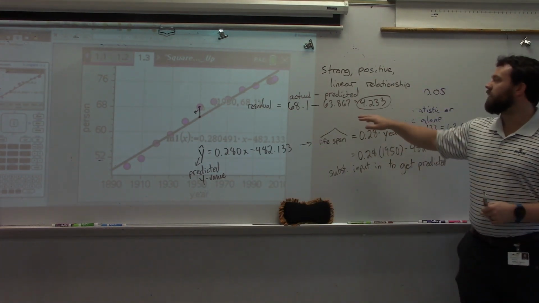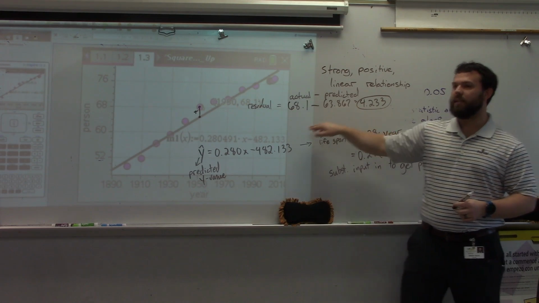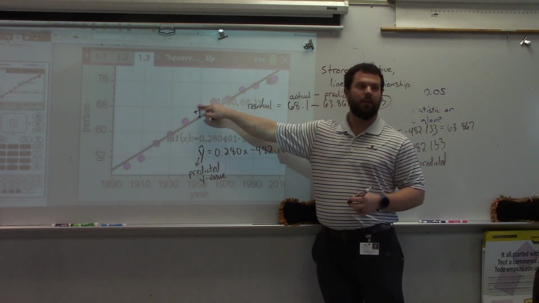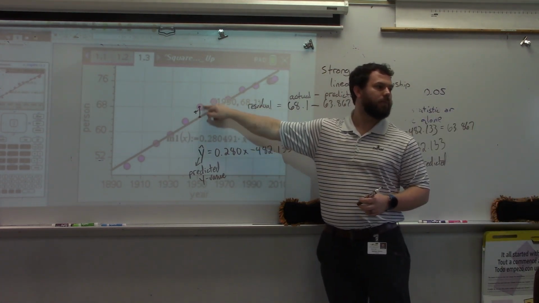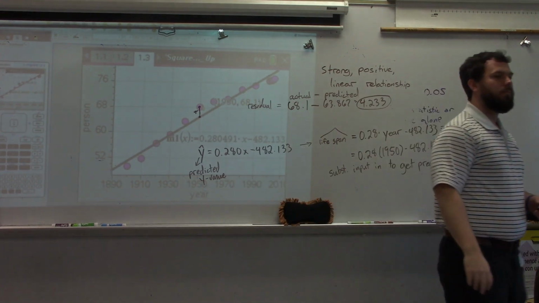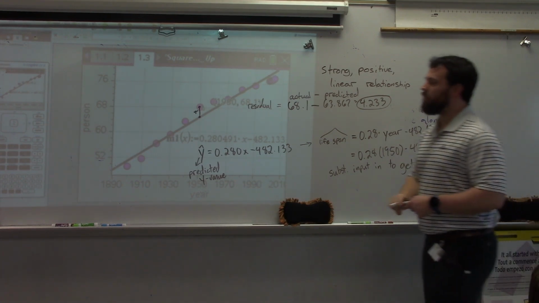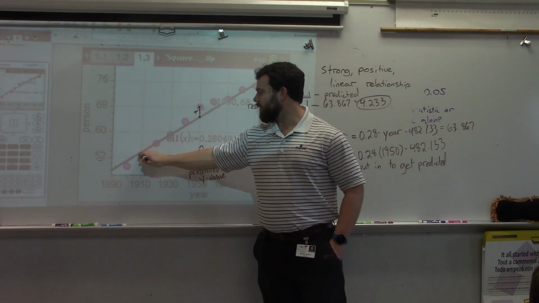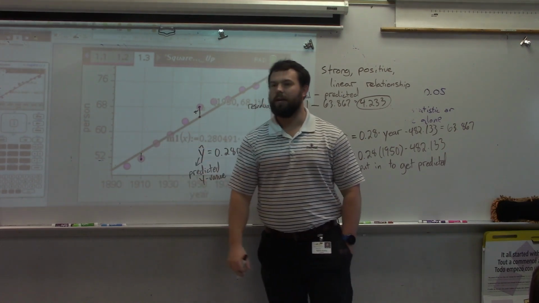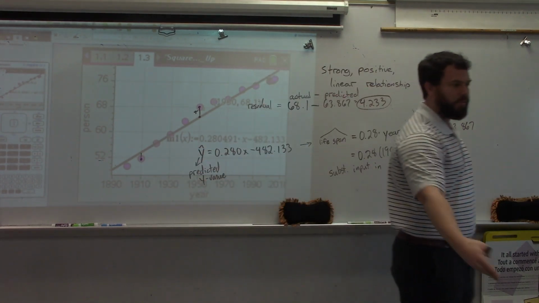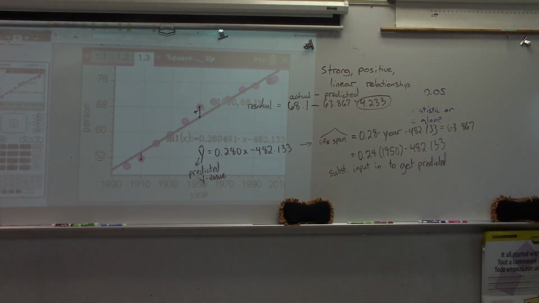Because it's actual minus predicted, the actual is the data point. So if the data point is above, my residual is always going to be positive. What's going to happen if my data point is below? The residual is negative. Make sure you put that in the next two questions because that is important information.